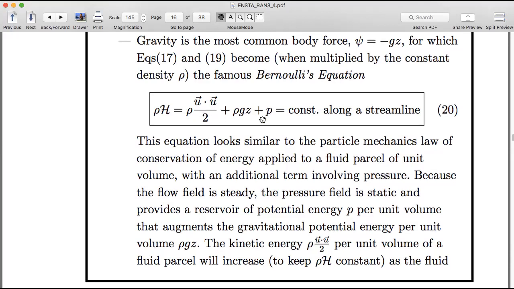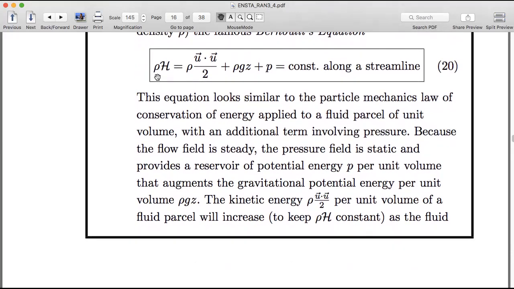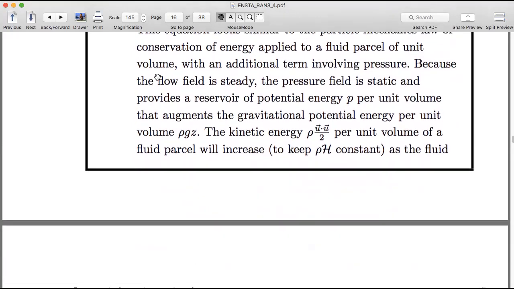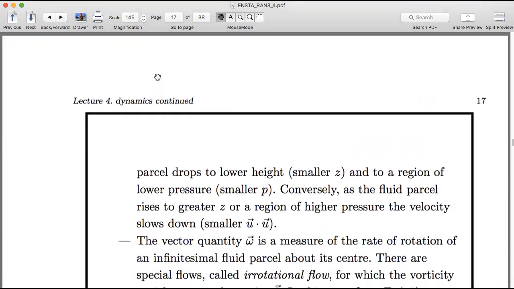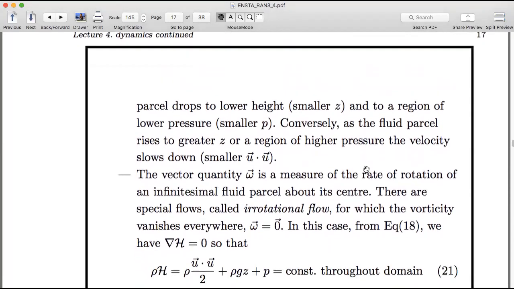So this is an energy per unit volume, and it's constant along a streamline, under the assumptions that we made: a steady inviscid flow in a gravitational field. Homogeneous as well, density is constant.